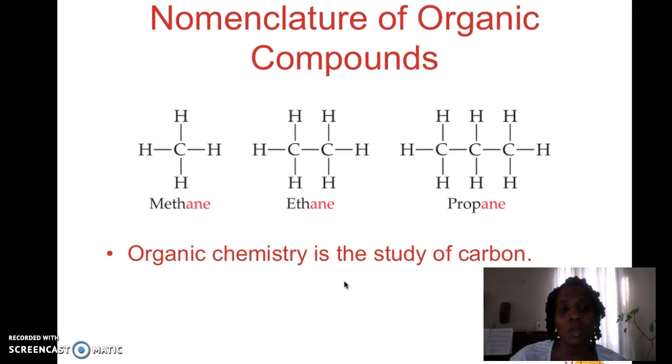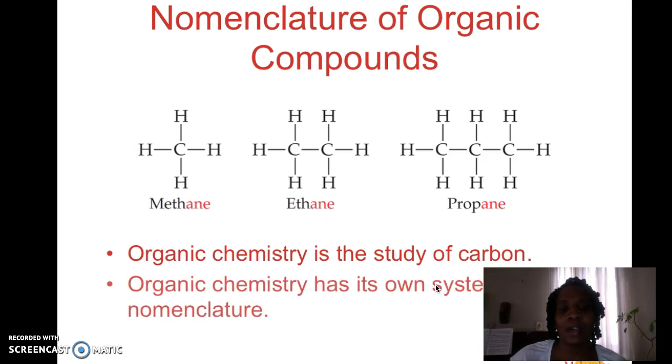So 1 carbon is meth, 2 carbons eth, 3 carbons prop, 4 is but, and then they follow the Greek system that you're familiar with: pent, hex, etc. So "ane" refers to there only being single bonds between carbons. So methane, ethane, propane, etc.